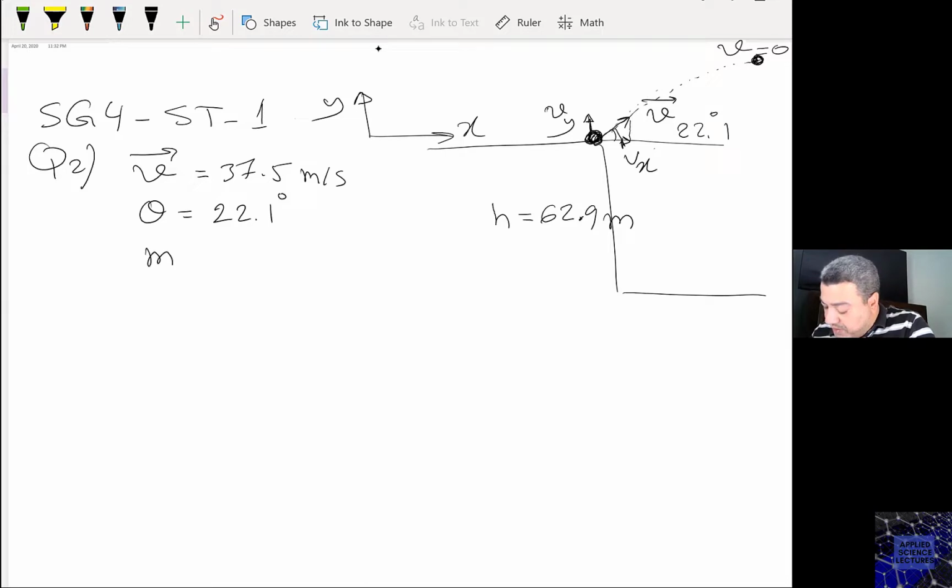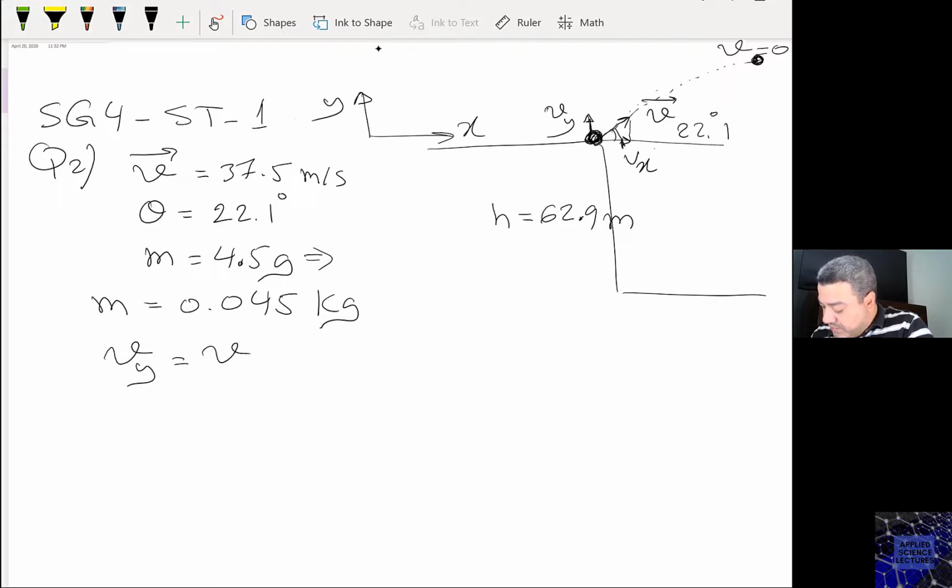And I have the mass of the ball as 45.9 grams, which means the mass is 0.045 kilograms. I know Vy as V sine 22.1 degrees, right?